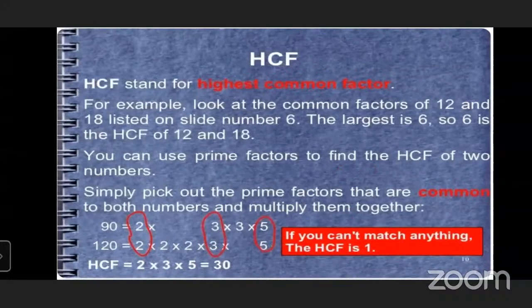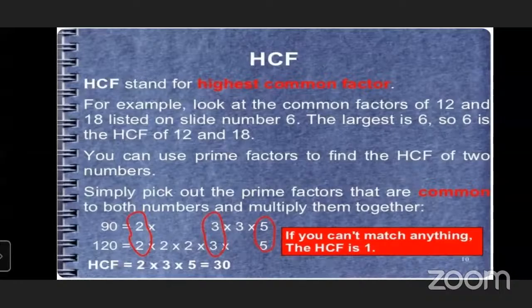HCF stands for highest common factor. What do you mean by highest common factor? For example, look at the common factors of 12 and 18 listed on the slide. The largest is 6. So 6 is the HCF of 12 and 18.